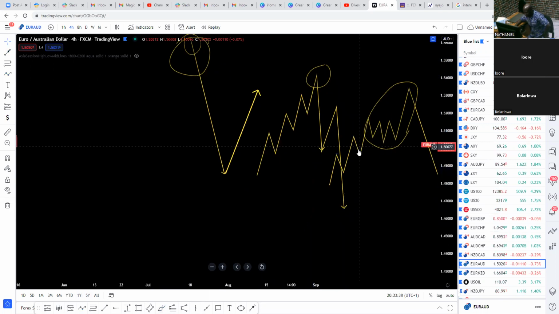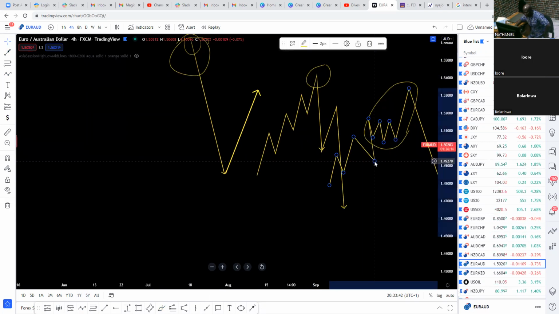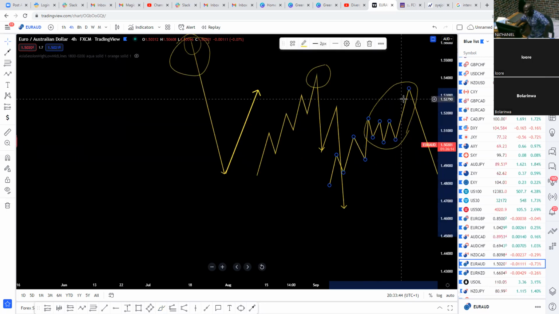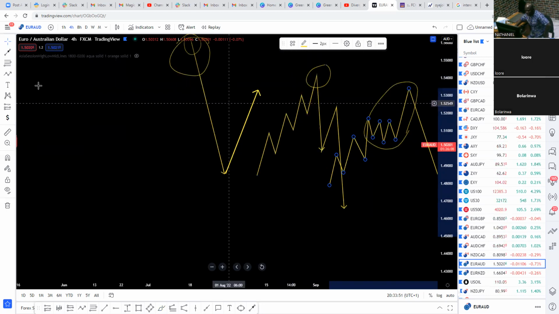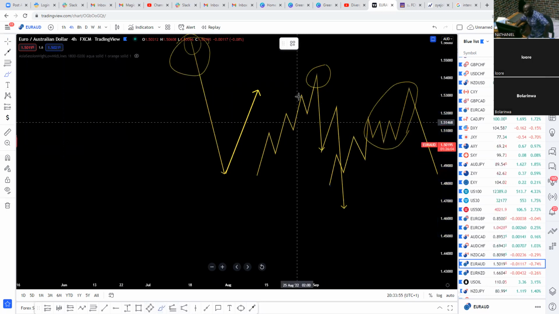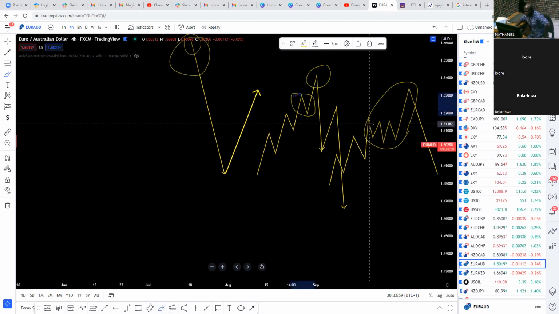Do you understand? So that is the difference between a market that grabs liquidity and the one that doesn't seem to grab liquidity. Because most of the time, you want to see liquidity grab from the aftermath of formation of what? Consolidation.